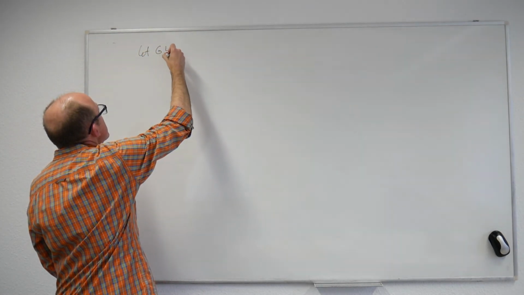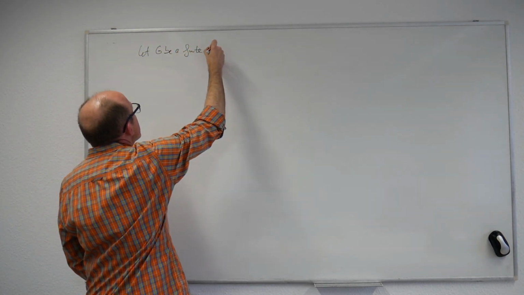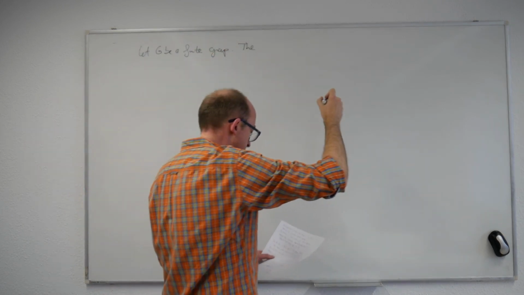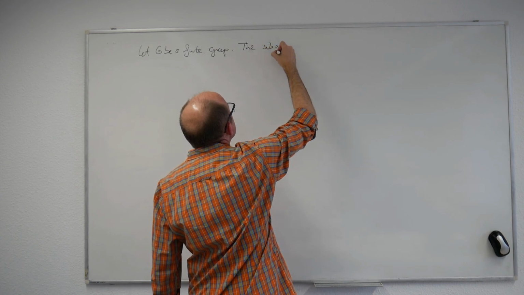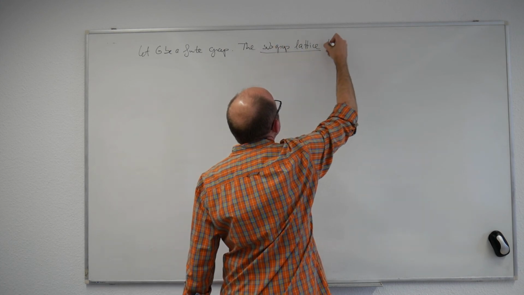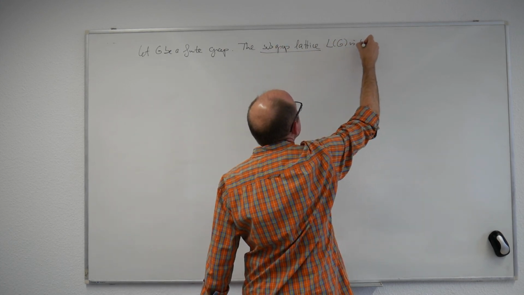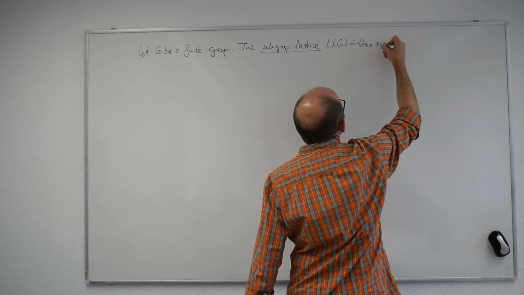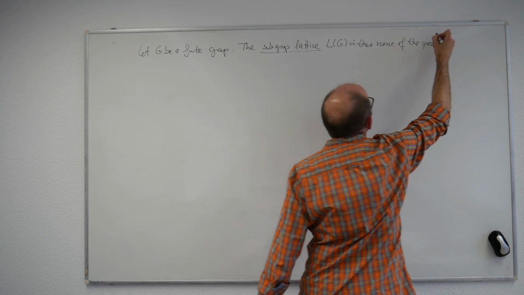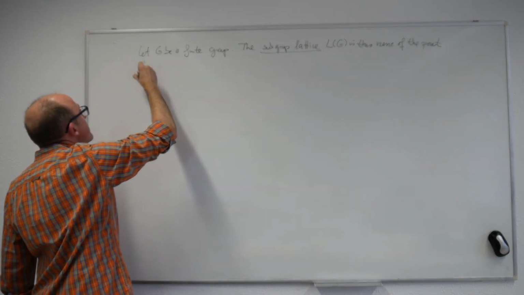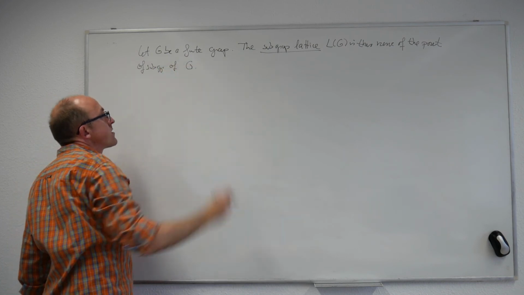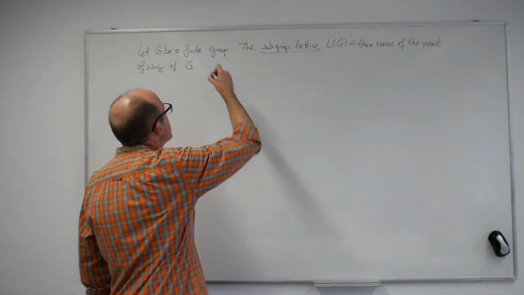Let G be a finite group. And then the subgroup lattice L of G is the nerve of the poset of subgroups of G. So in other words, this is a simplicial set.